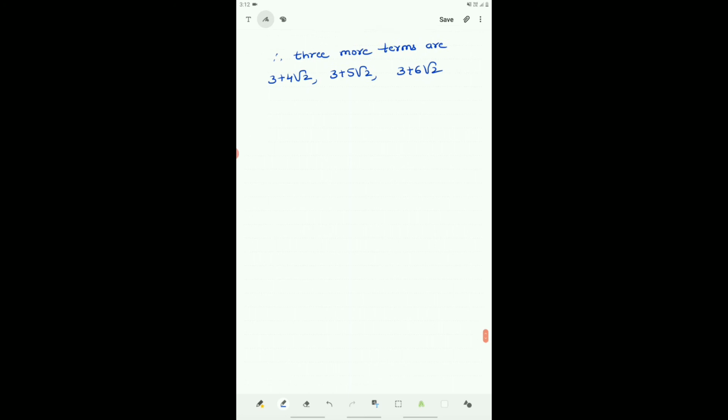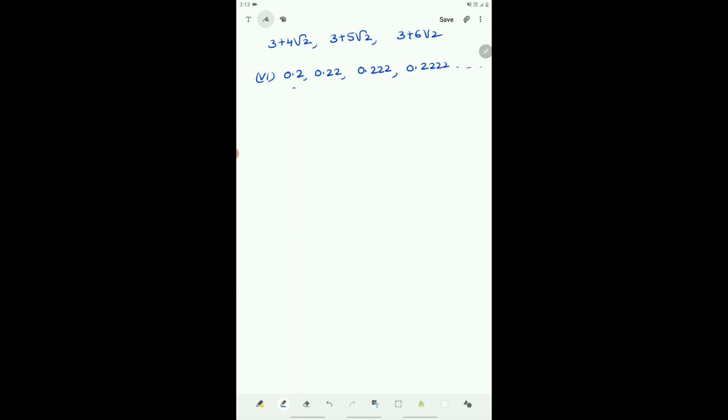Next, sixth: 0.2, 0.22, 0.222, 0.2222. So this is A1, A2, A3, A4.